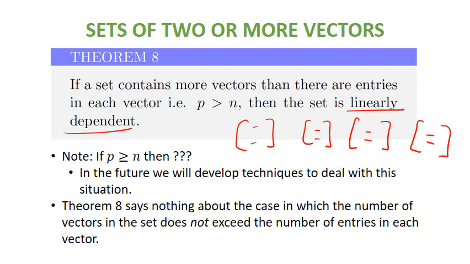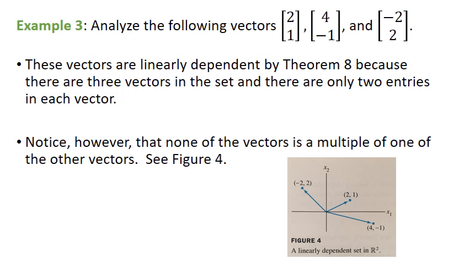Let's look at an example. It says analyze the following vectors here. Here, these vectors are considered to be linearly dependent by Theorem 8 because there are 3 vectors in the set and there are only 2 entries in each vector.